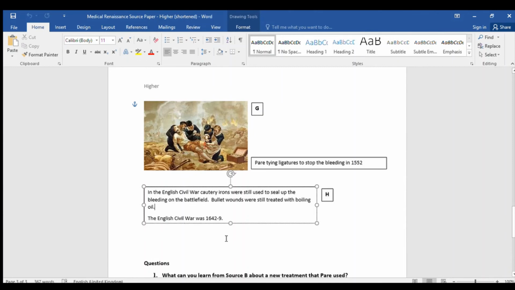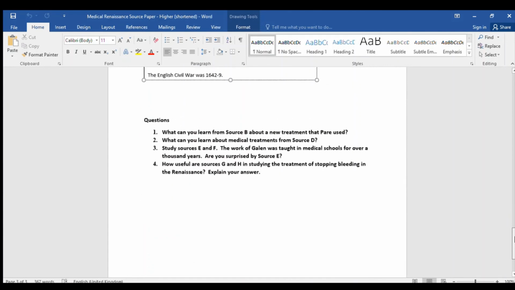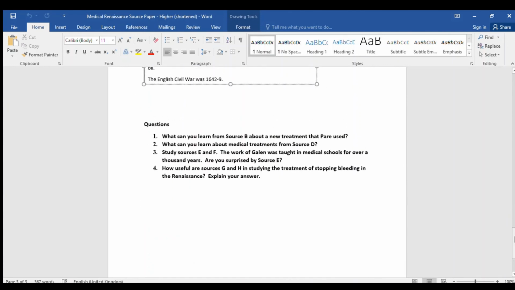So you've got 2 quite different treatments there. What I need you to be thinking about is the dates, and whether these treatments seem to go forwards or backwards, and again, thinking about what you know from the work you did on Paré, why those treatments might have changed. The question is saying how useful are they in studying the treatment? It tells you what the treatments were at different times and how those treatments changed. Why did those treatments change? What explanation can you give for that?